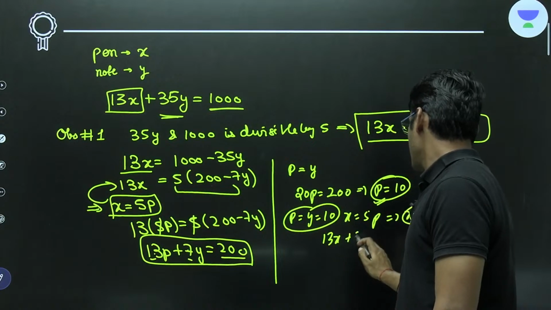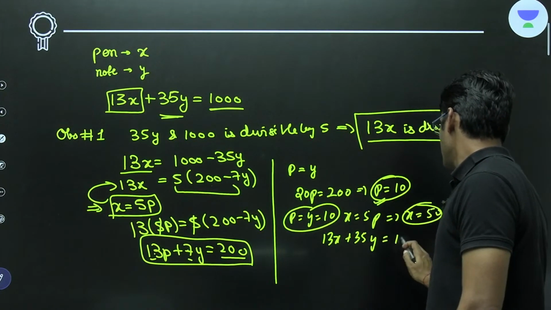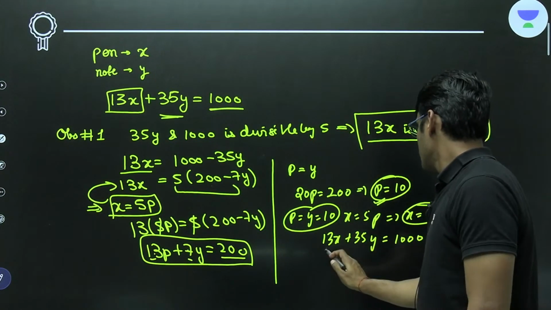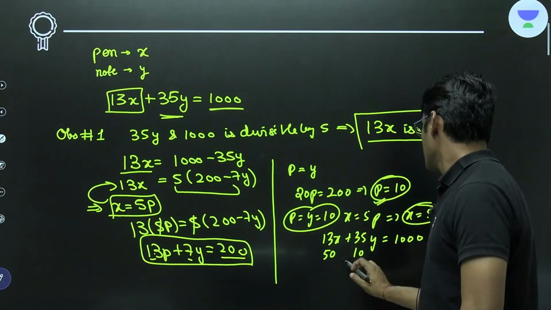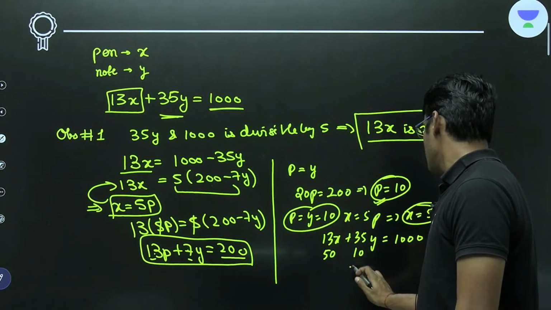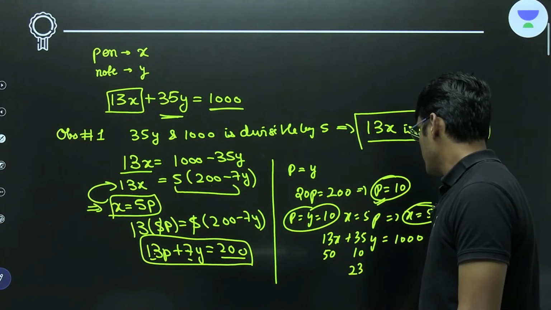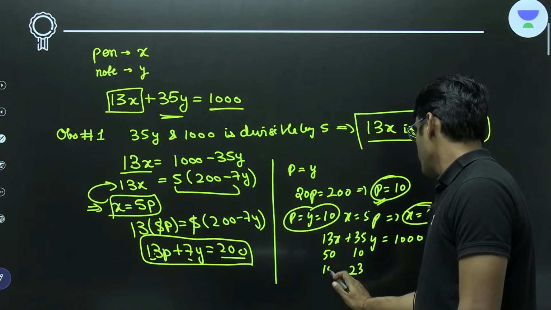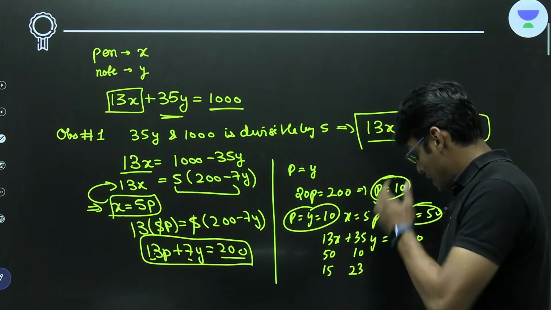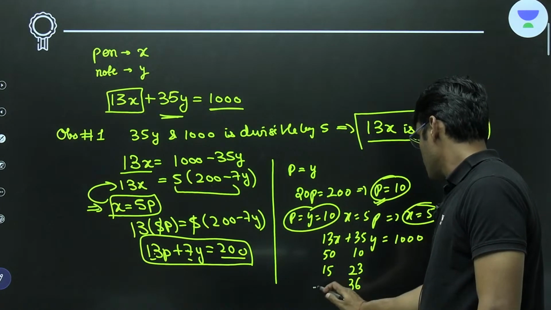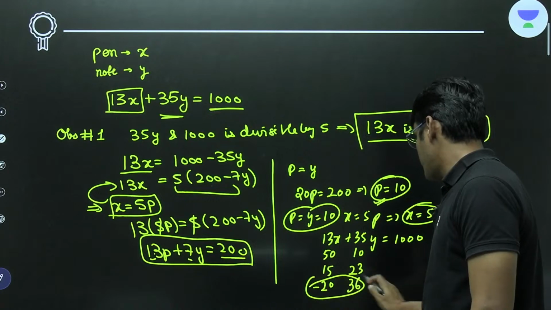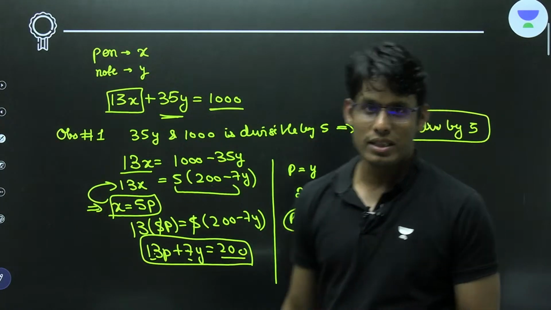13x plus 35y equals 1000. I got 50 pens, 10 notebooks, right? Then I have to add this here, subtract 35 here. This is another solution. The next solution is this, but this is obviously rejected because you cannot have minus 20 pens.